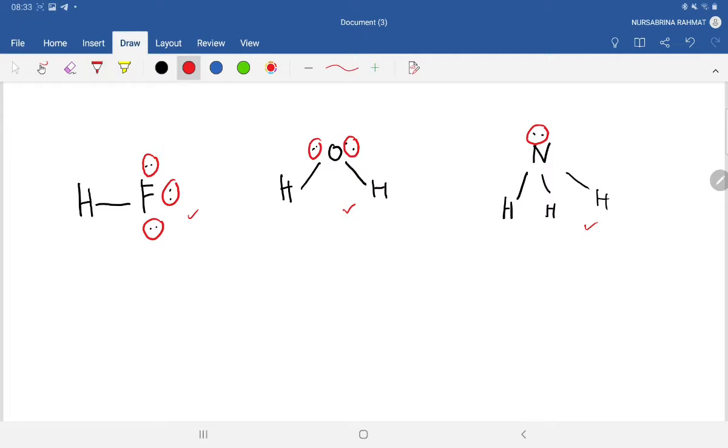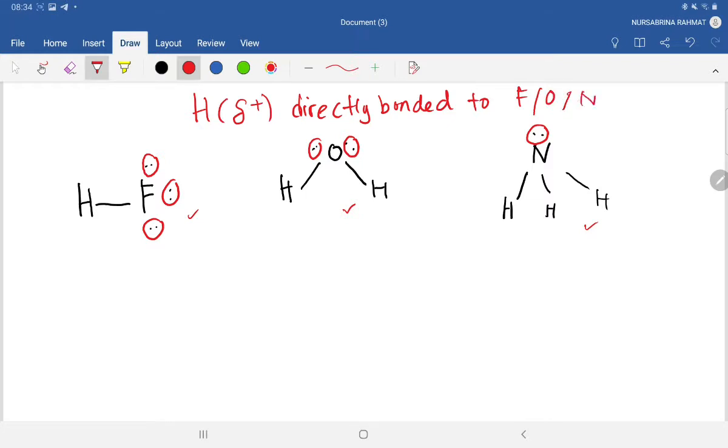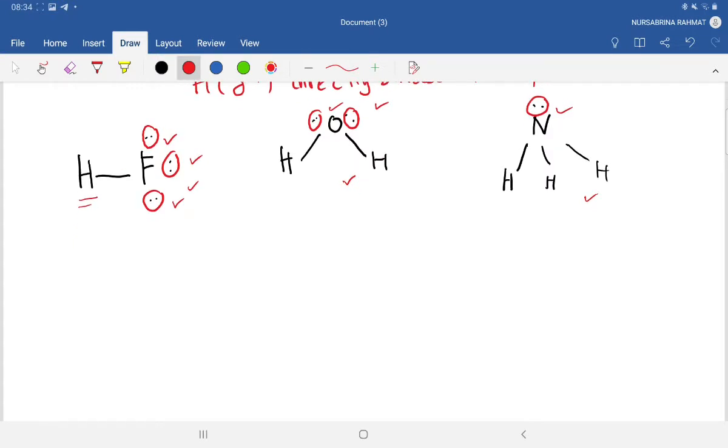The hint that you need to remember: H, which is partially positive, must be directly bonded to fluorine, oxygen or nitrogen. The presence of lone pairs around fluorine, oxygen and nitrogen causes this hydrogen to be extremely partially positive.